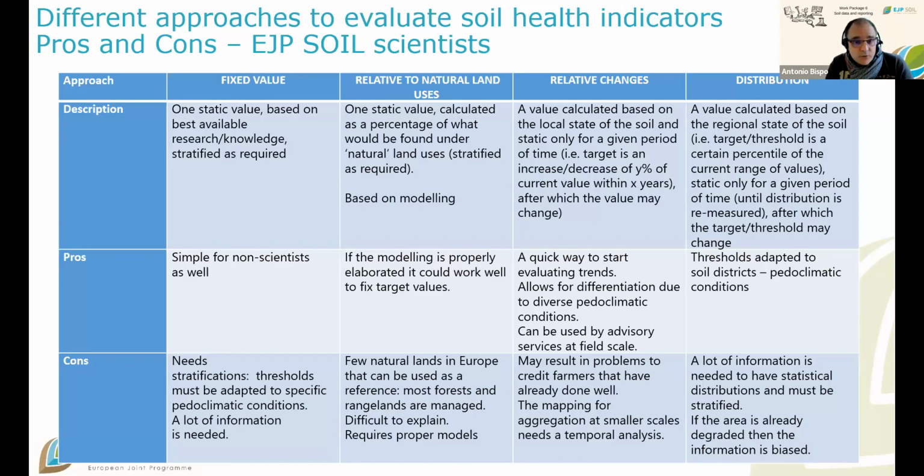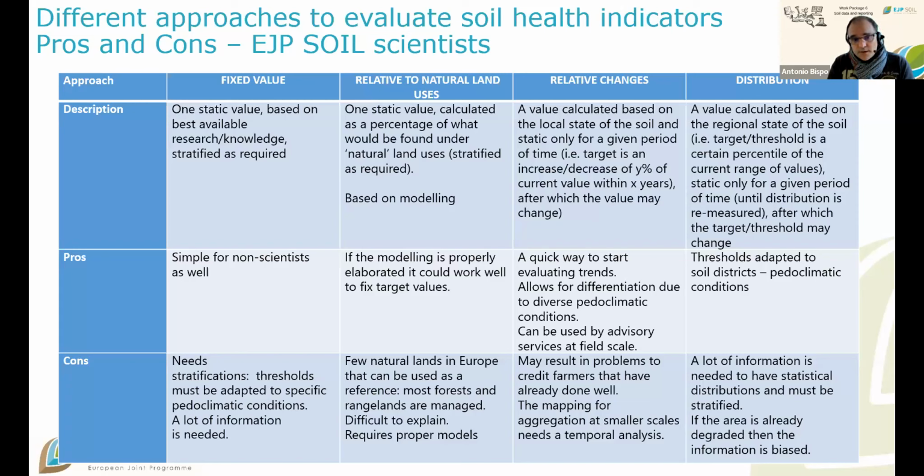And the last one, for distribution, is quite adapted to pedoclimatic conditions, because you can stratify your data according to different districts, land use, soil type, and climate, for example. But of course, to do that, you need a lot of information, a lot of data to develop those statistical distributions.